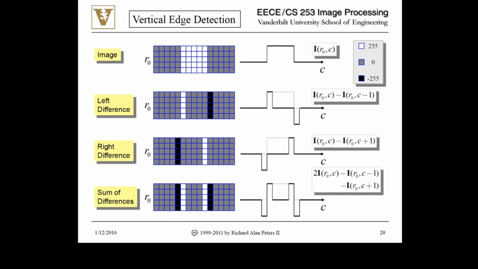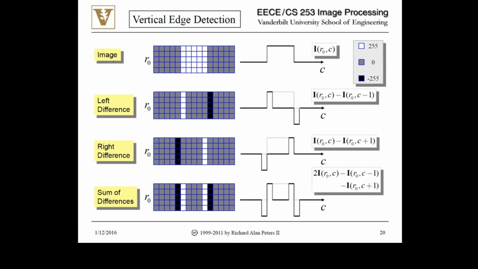But these two behave differently. When we have an edge that goes from 0 to 1, the left difference has a high value when it goes from 0 to 1, and a low value when it goes from 1 to 0. And the right difference is the opposite. It has a low value when it goes from 0 to 1, and a high value when it goes from 1 to 0.